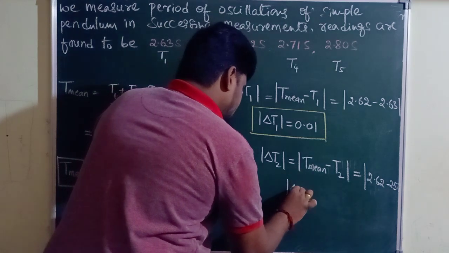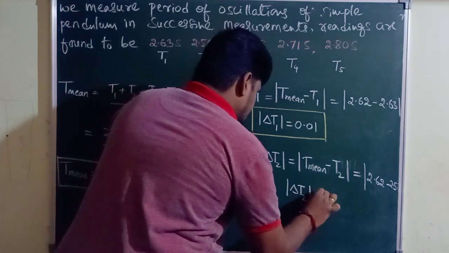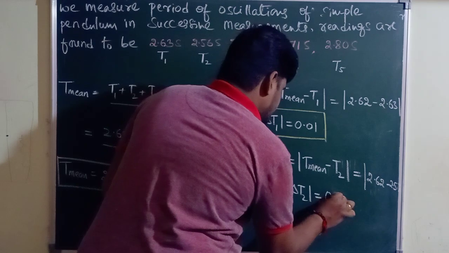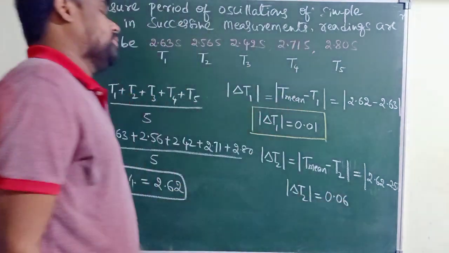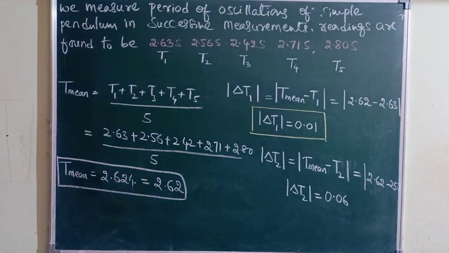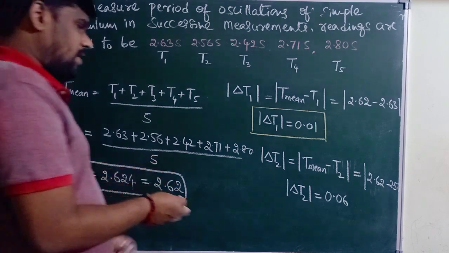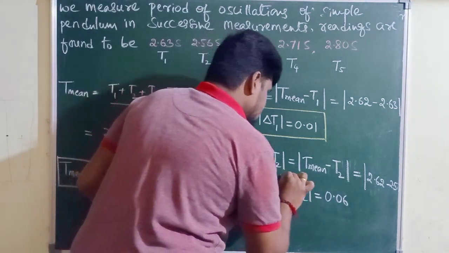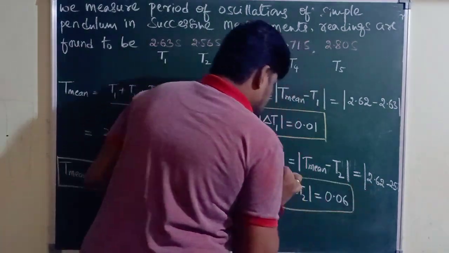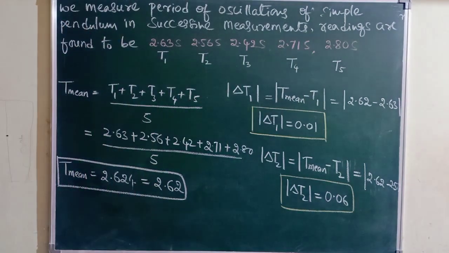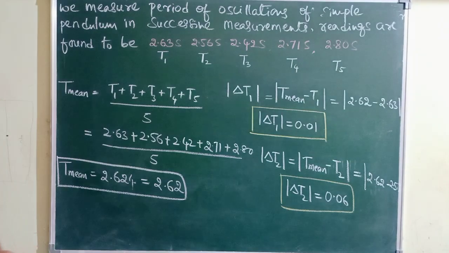If we simplify, 2.62 minus 2.56, we get delta T2 as 0.06. This is the absolute error in the second measurement.